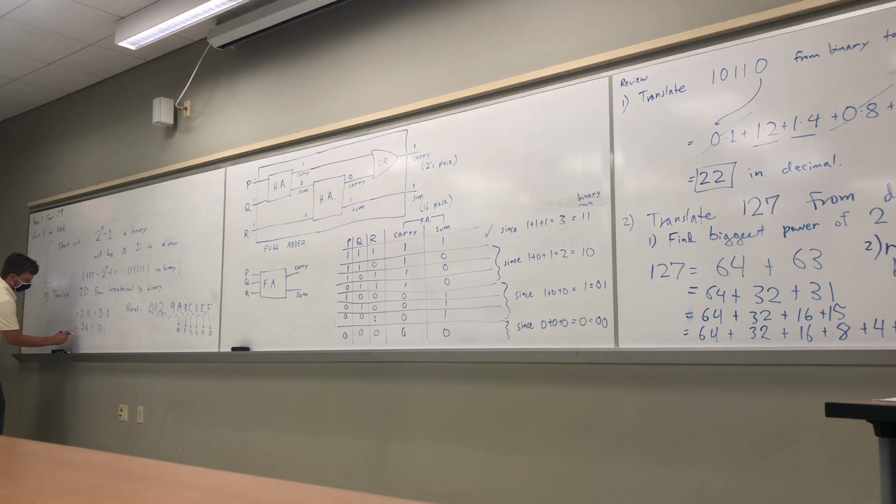So that's equal to 32 plus 13, which is 45. I was thinking hexadecimal to decimal, and then for some reason I wrote hexadecimal to binary. We could do that. I'll do both.